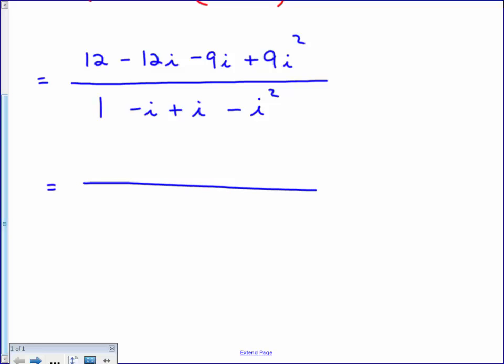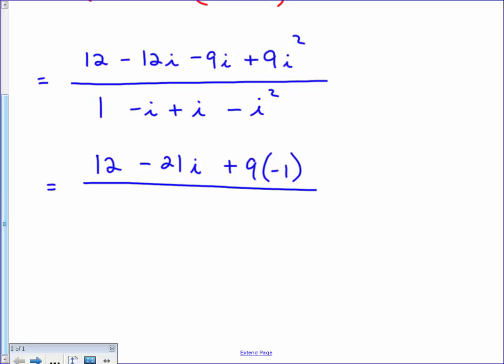We will go ahead and combine both top and bottom like terms, and anywhere we see an i squared, we would replace that with a negative 1. So we would have a 12, combine the negative 12i and the negative 9i, we want to add those two values together, so that would end up being negative 21i, and then plus 9 times negative 1.